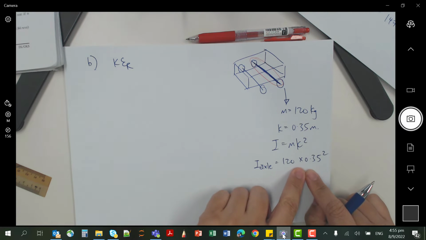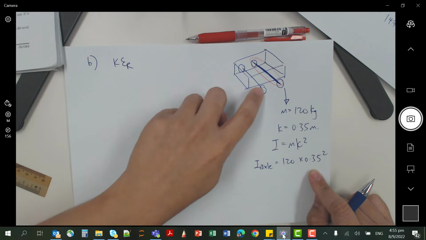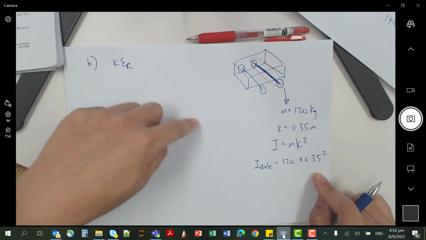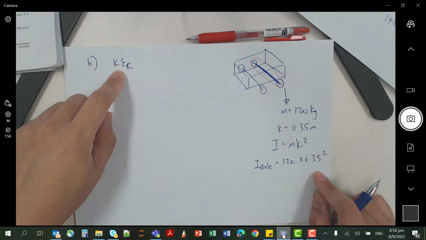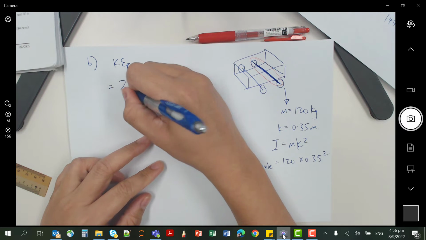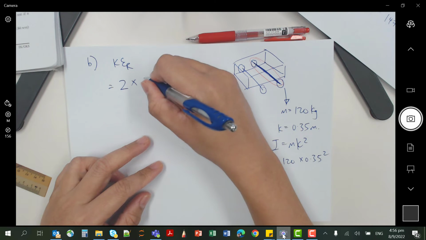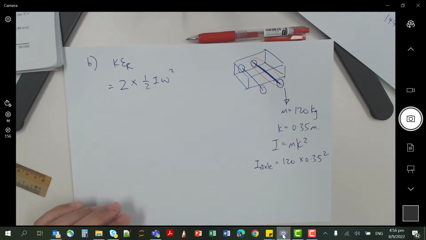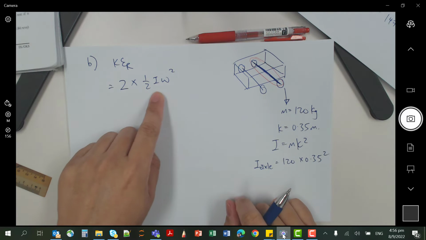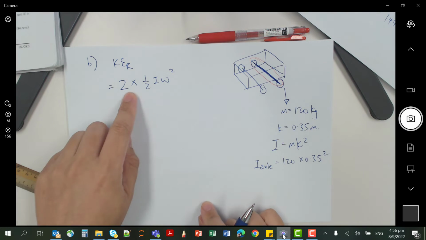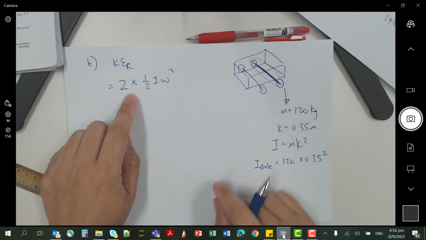This is what you should be using, and we have two axles, so we need to multiply by 2. For each axle there is one rotational kinetic energy, so for both axles you multiply by 2. 2 of what? Half I omega squared. So this is one axle, so 2 times that gives the total rotational energy for the whole vehicle.